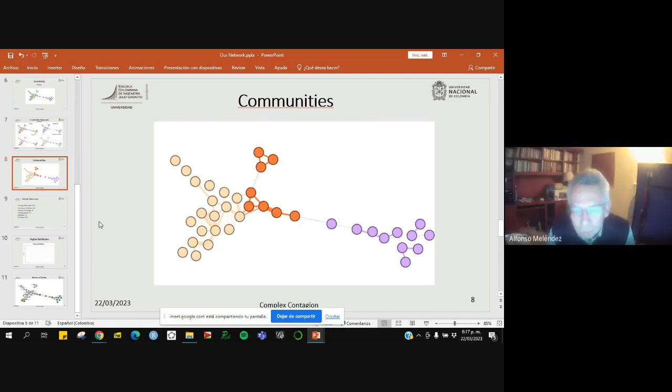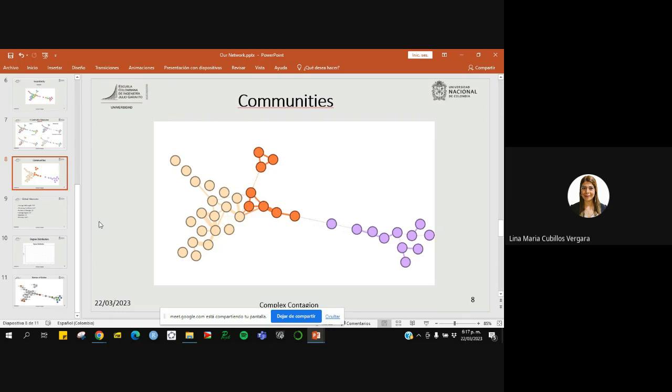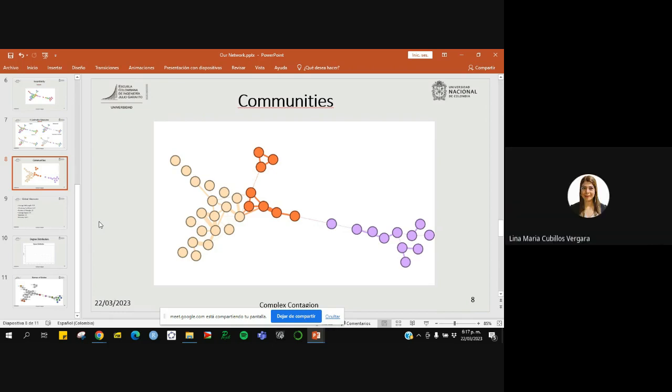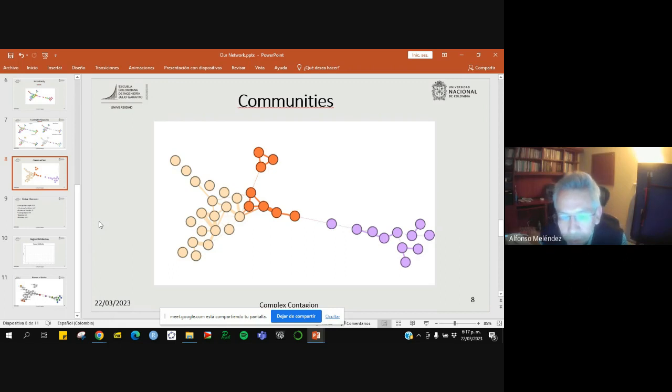Okay, are you seeing the communities? Who was asking the question? Lina. Okay, Lina, are you seeing the screen? Here is a possibility of communities. If I run another algorithm for communities, possibly there are going to be 4 or 5, but I guess 3 is a good number here.